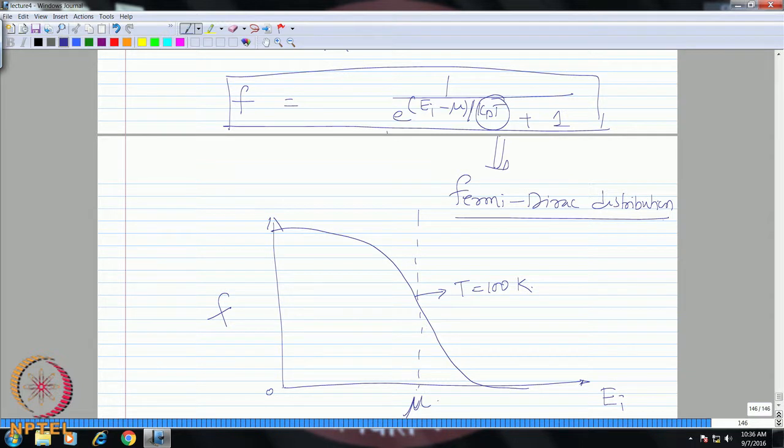Now, this chemical potential will be equal to the Fermi level if you are plotting this for 0 Kelvin. So, at 0 Kelvin you would probably get something like this, okay. And at that particular value mu will be equal to Ef at 0 Kelvin.